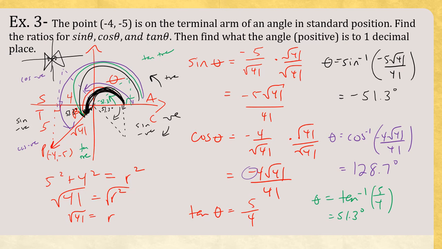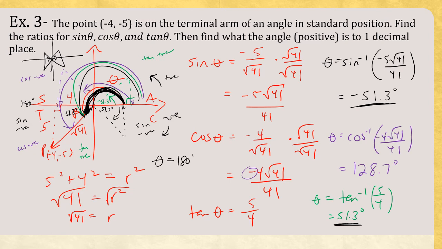I know the related acute angle. I calculated it from this, and this backed it up. It doesn't matter which one you pick. Again, we don't care about the negative, that's just direction. We care about the absolute value, which is just the positive version. I know this line right here is 180. So to get all the way around, I would do 180 plus 51.3.